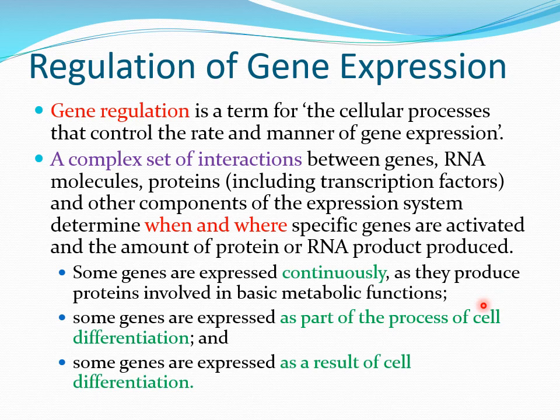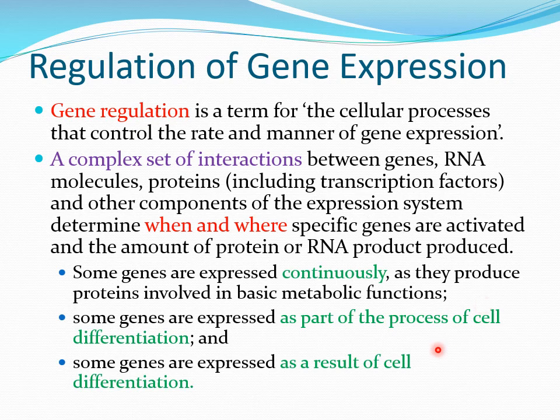Then, as we all know, after cell division, cells undergo differentiation, structural differentiation as well as functional differentiation. So there are certain genes which are expressed as a part of the process of cell differentiation.